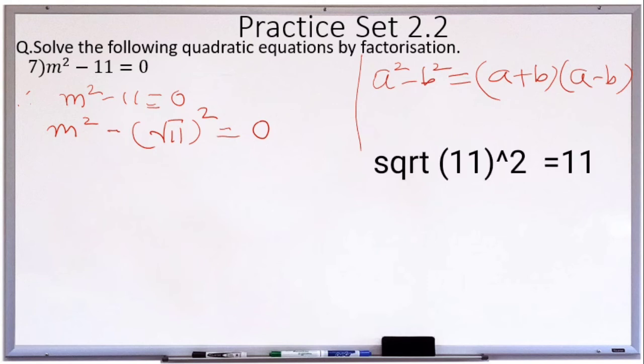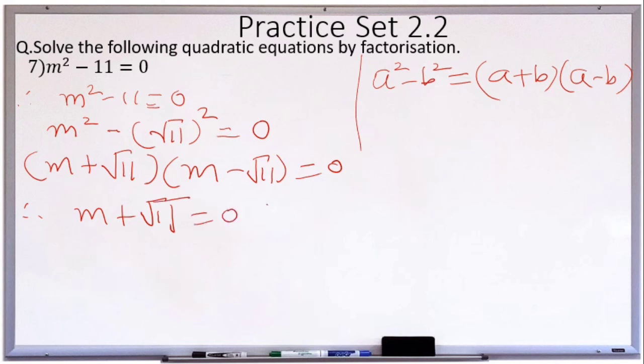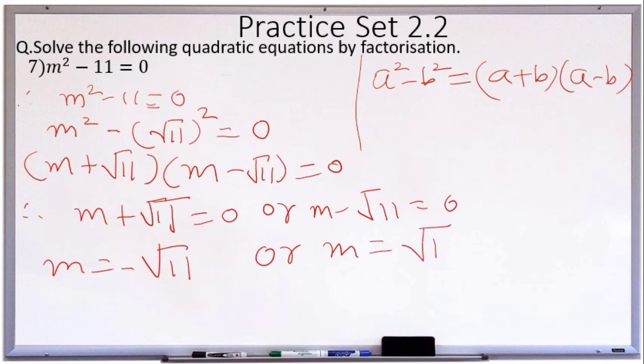Next, according to the formula, m plus root 11 into m minus root 11 is equal to 0, and hence by using the property I can write m plus root 11 is equal to 0, or m minus root 11 is equal to 0, and hence m is equal to minus root 11, or m is equal to plus root 11.